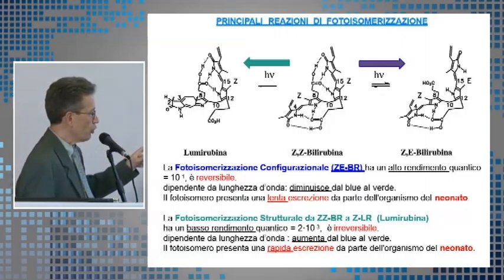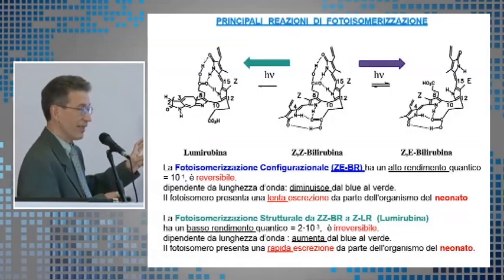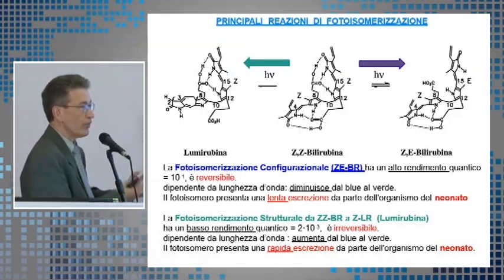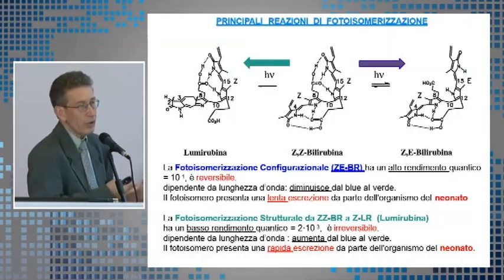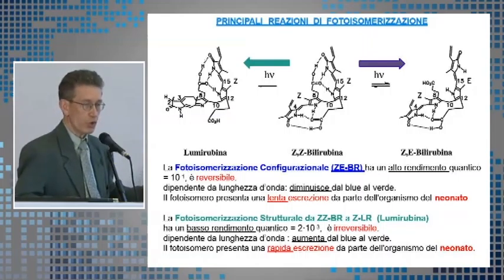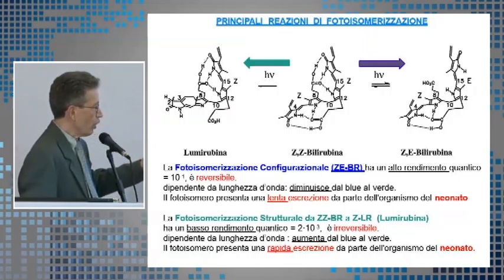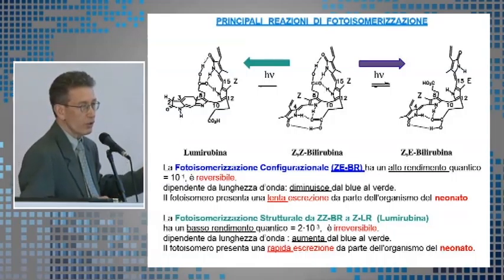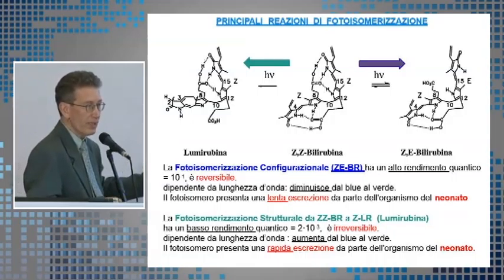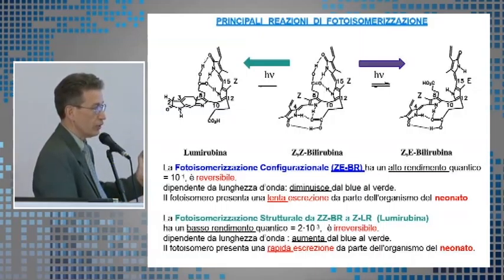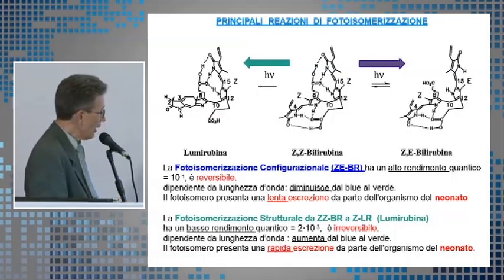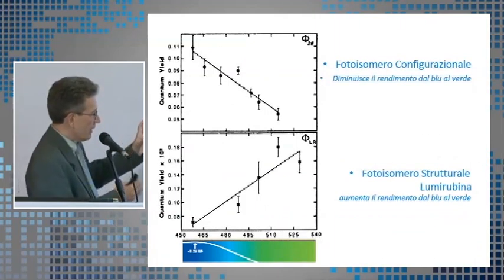With respect to the newborns, the photoisomer has a slow excretion. It forms a lot, but in the blood we find concentrations comparable to those in a vial. Whereas the structural isomer is easily present in the urine, very little present in the blood, because it is easily eliminated.